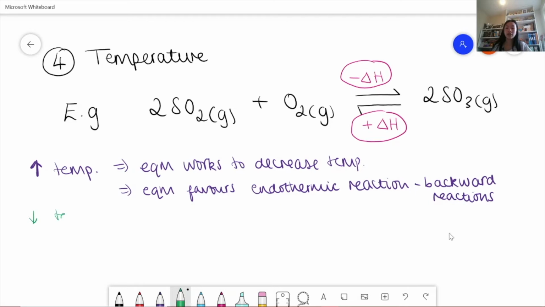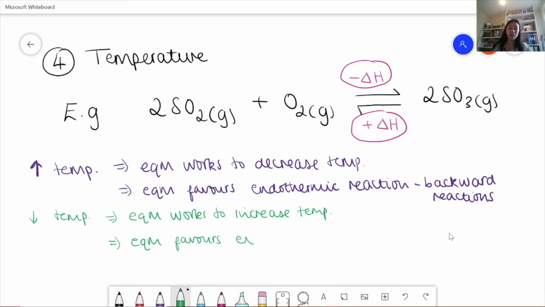And then the opposite thing for decreasing the temperature. So if we decrease the temperature, then the equilibrium works to increase the temperature, so to counteract the change. That's what Le Chatelier's principle states. And then that means that the equilibrium favours the exothermic reaction, because that increases the temperature of the surroundings.